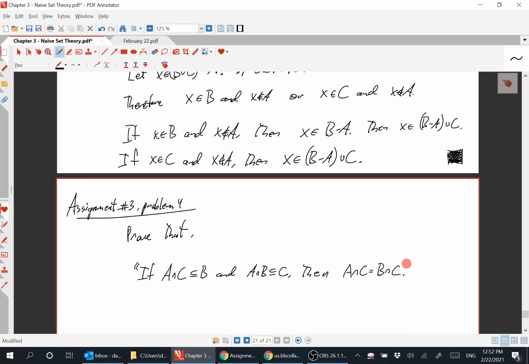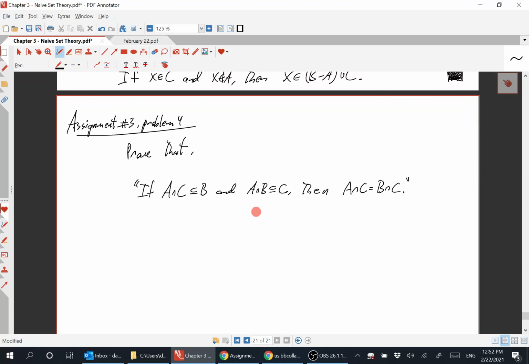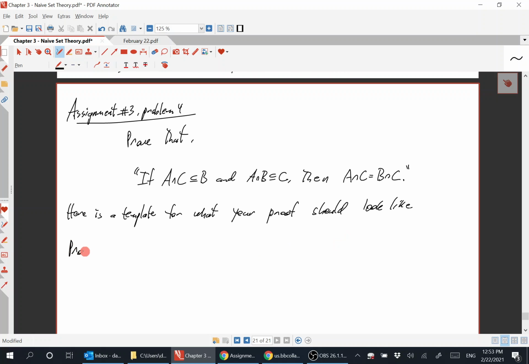Okay, so you're going to want to do a direct proof in this case. Here is a template of what your proof should look like. Proof.